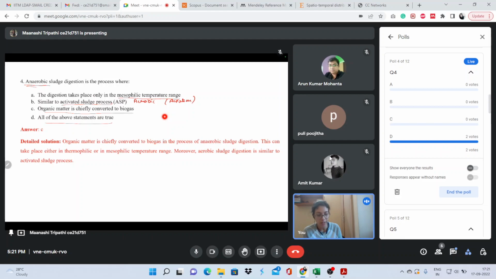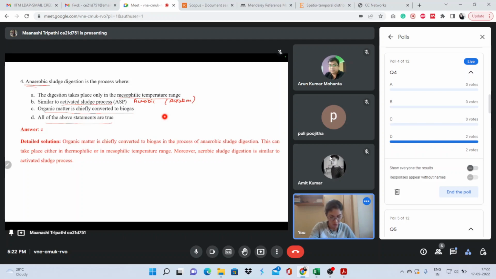This is not an anaerobic process. So aeration we do. When I would have written aerobic sludge digestion, then that is similar to ASP. So D is not correct. Two of you have answered D. It's incorrect. So what happens in anaerobic process?